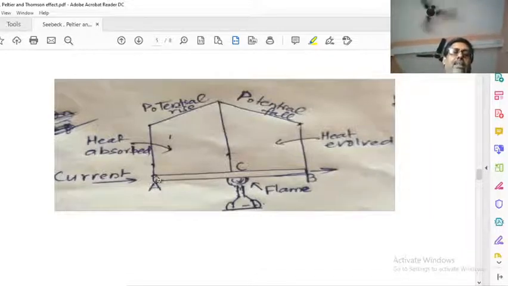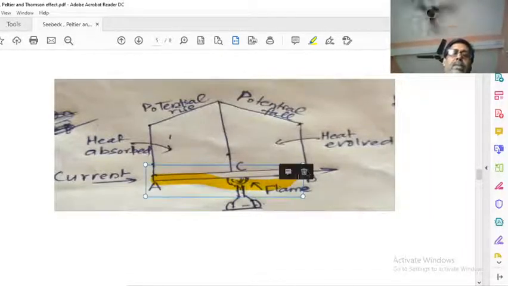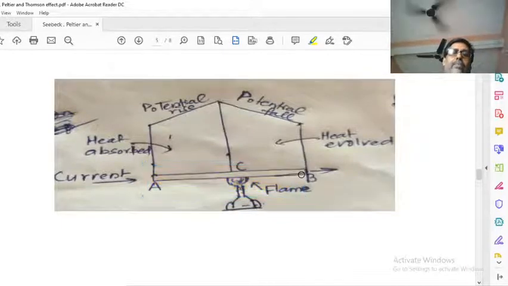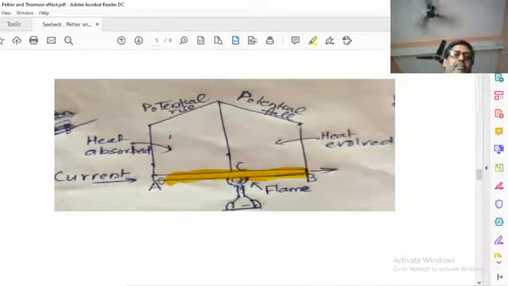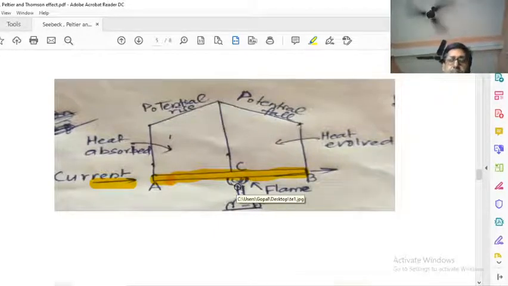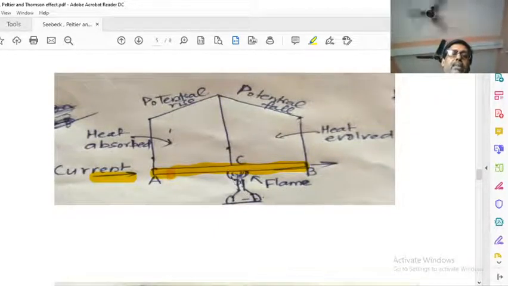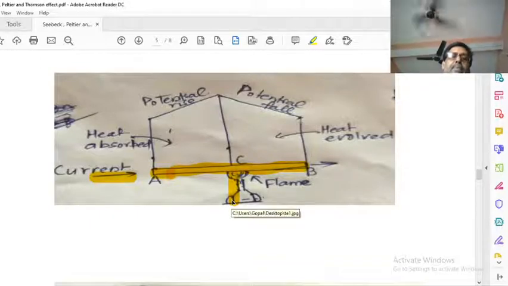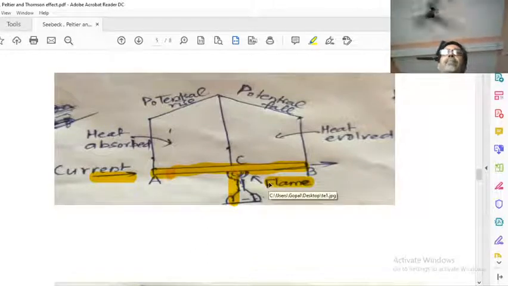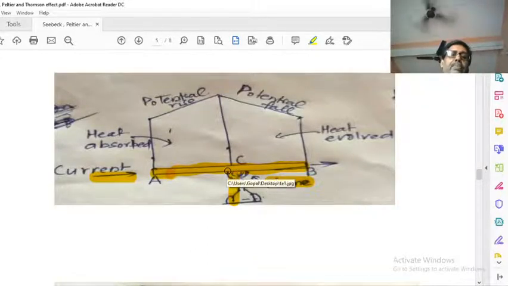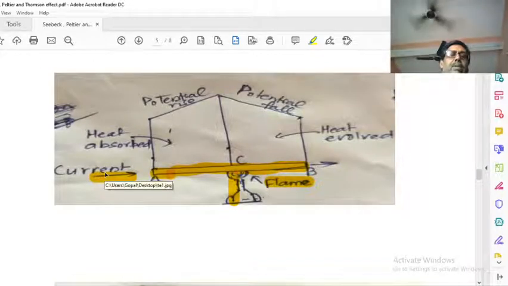See here, this is a rod in the figure, and current is passed from left to right. Here one thing is very interesting. This is the middle portion where a flame is drawn, meaning heat is given. We give heat from here and current is passed from left to right.